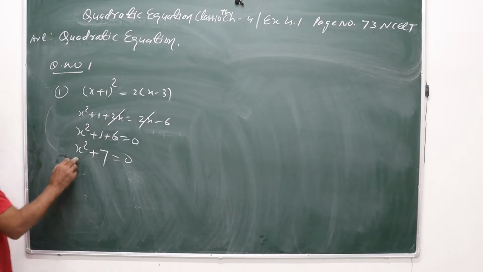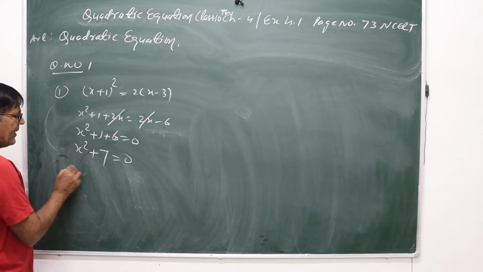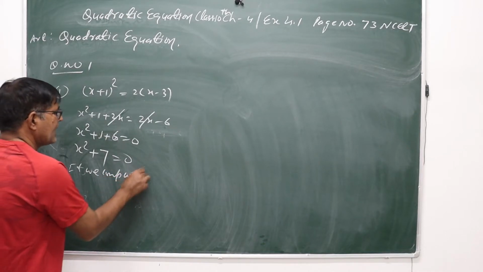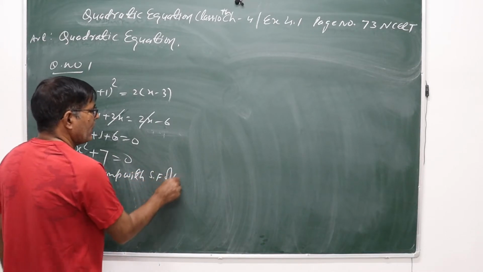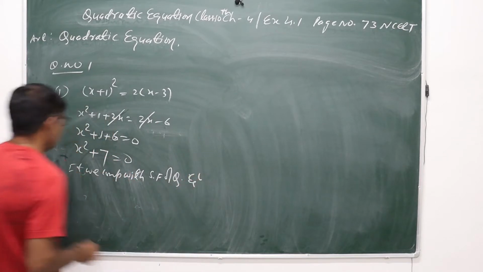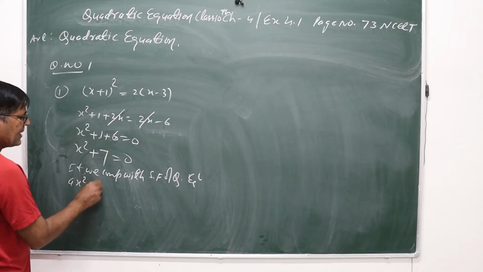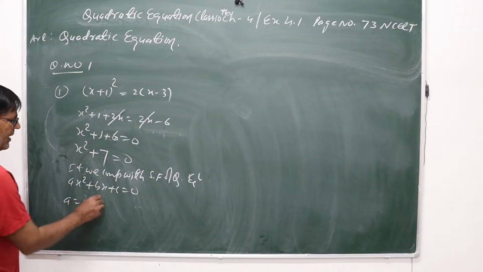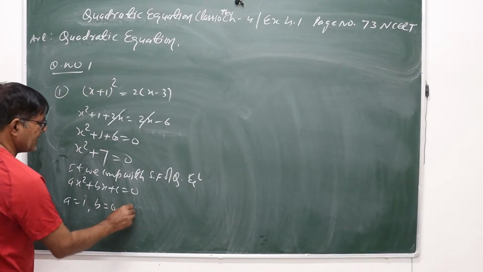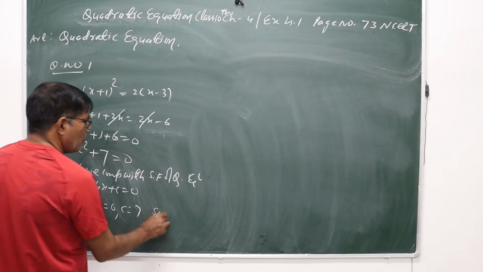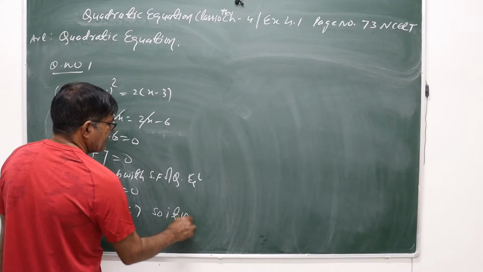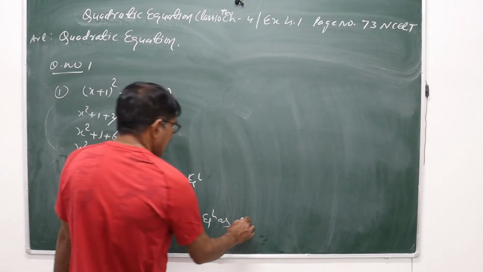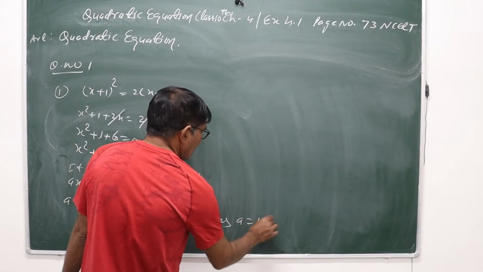Here, if we compare with the standard form of a quadratic equation, ax square plus bx plus c is equal to 0, a is equal to 1, b is equal to 0 and c is equal to 7. So it is a quadratic equation as a is equal to 1, not equal to 0.